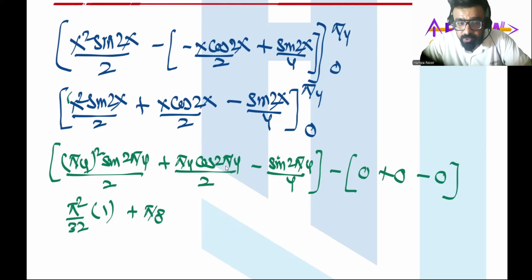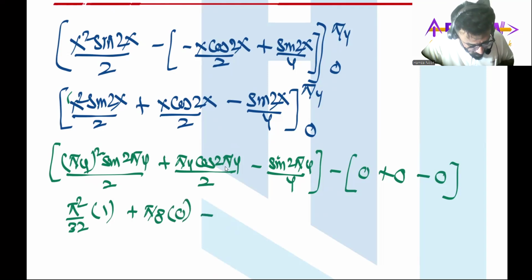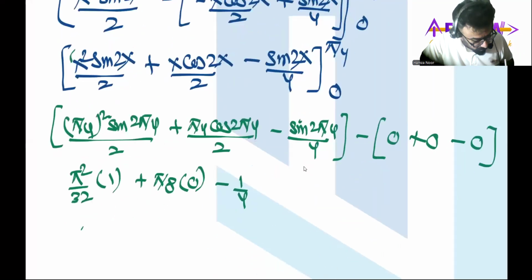So cos pi over 2 is basically 0. So this turns out to be 0. And then we subtract what? Sine 2 pi over 4 divided by 4. So sine pi over 2 is basically equal to 1. Okay, so this is subtracted 1 over 4. Okay, so pi squared over 32 minus 1 over 4.